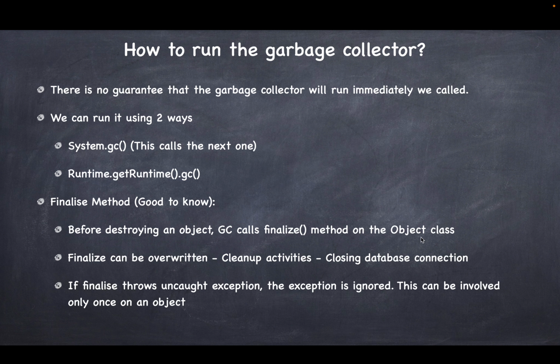If I want to override the finalize method for my specific class, yes, I can do it by giving the @Override annotation, and I can override it if I want to do any cleanup activities, but that is not recommended. If any exception is thrown in this finalize method, it will just be ignored, nothing will happen, and it will be called only once for an object.